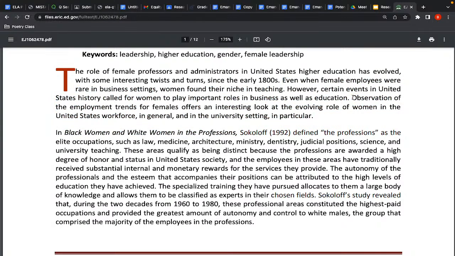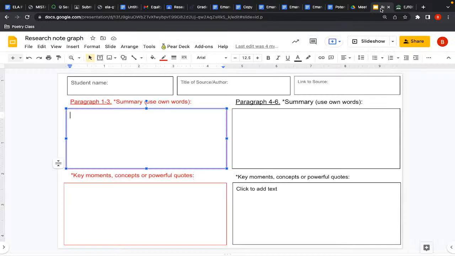Okay. So, summary wise, I can already make a few comments about this. Initially, among the few roles that women could find in the work world, even as far back as the early 1800s, women could find those roles in teaching.